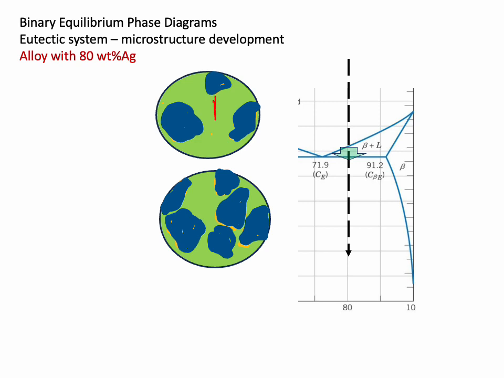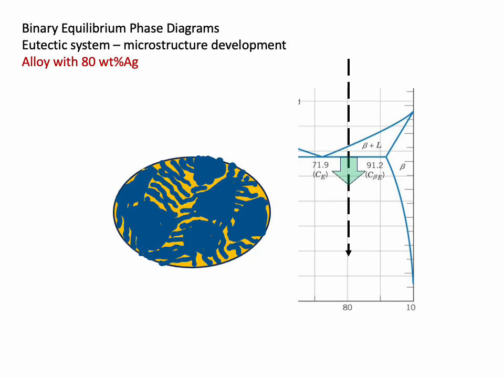So this is liquid, and this is beta. Beta is forming in the liquid, and as it gets to just above the eutectic temperature, I'll have relatively large grains of beta in the liquid. When I cross that temperature, any liquid that's present will undergo the eutectic reaction and form layers of alpha and beta, like that.